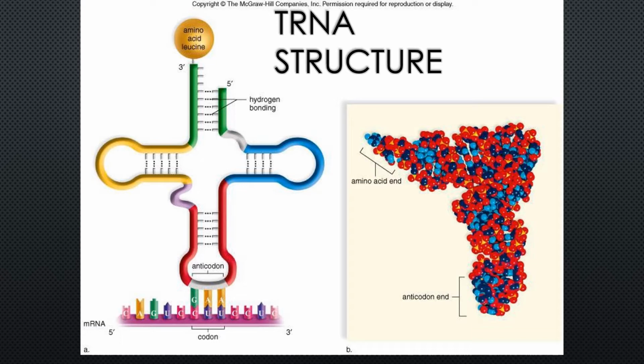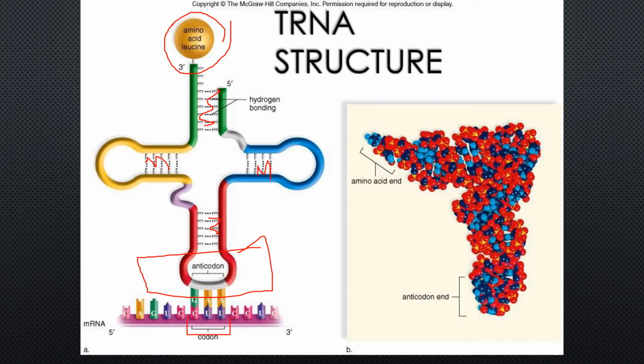And so it has several different portions to it. So let's look at that real quickly. We have an amino acid at the end here, usually leucine, and through hydrogen bonding, it will complement with itself to do some folding like this, right here and right here, and then also down here. And then it has a portion called an anti-codon end. And that's something that should be somewhat self-explanatory. We've talked about codons in our mRNA, which are a series of 3 nucleic acids.